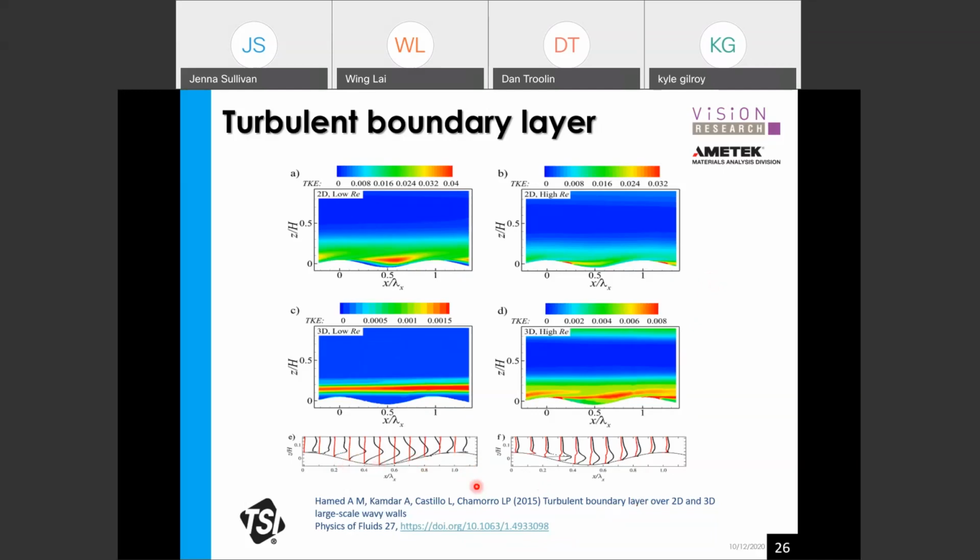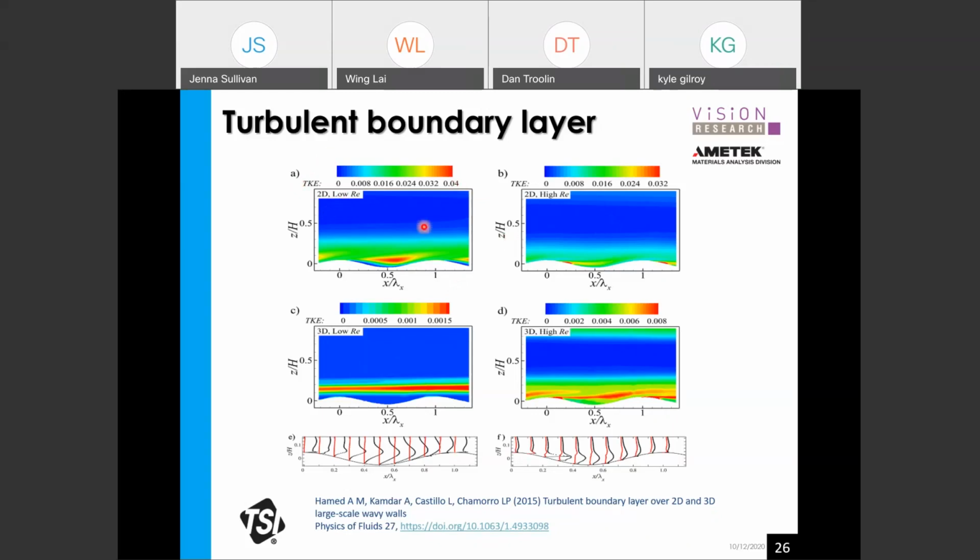This is a profile of the flow field across the width of the tunnel, in the cross-section direction. And in these two columns are the turbulent kinetic energies at different flow rates. The picture on the left-hand side is at low Reynolds number, lower flow rate, and the picture on the right-hand side is at higher Reynolds number, meaning a higher flow rate.